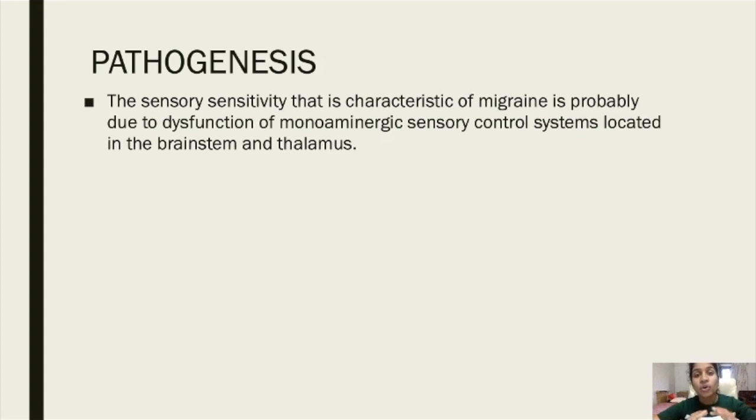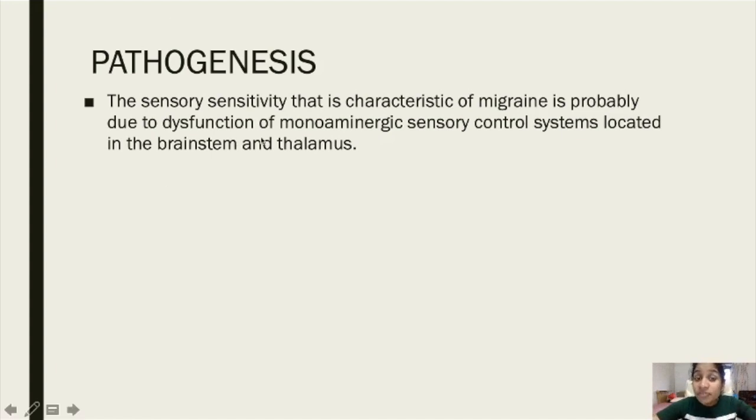All of those are controlled by the neurotransmitters secreted inside our brain, which are in turn controlled by the monoaminergic sensory control system, located in the brainstem and thalamus. The sensory sensitivity we saw in the beginning, characteristic of migraine, is probably due to dysfunction of this system, which controls the neurotransmitters, neuropeptides, or neurochemicals inside our brain.